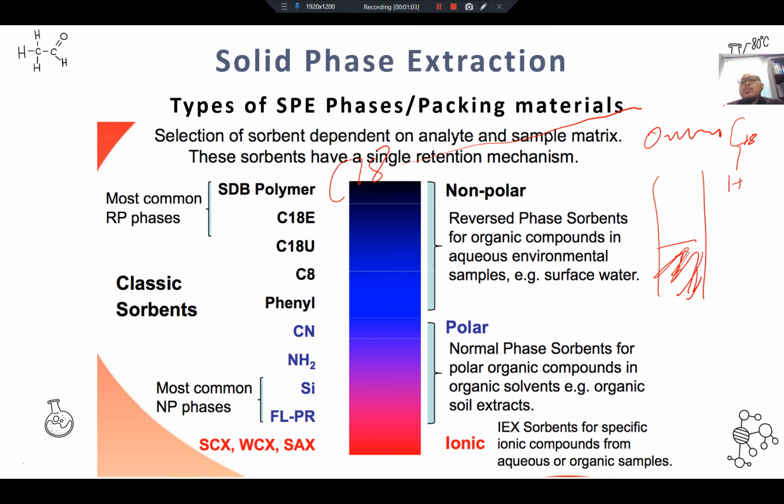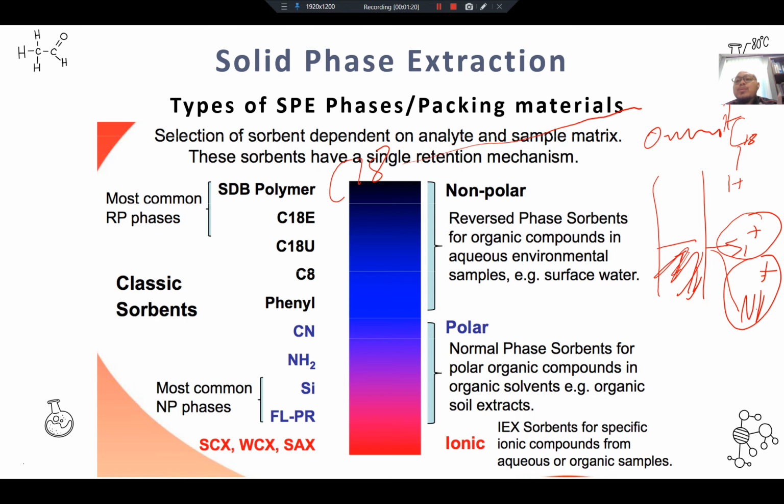Of course you have H as well. Okay, right. So for polar, usually we attach with silica, because silica has this particular property, or we attach with NH2, so it will have polarity.